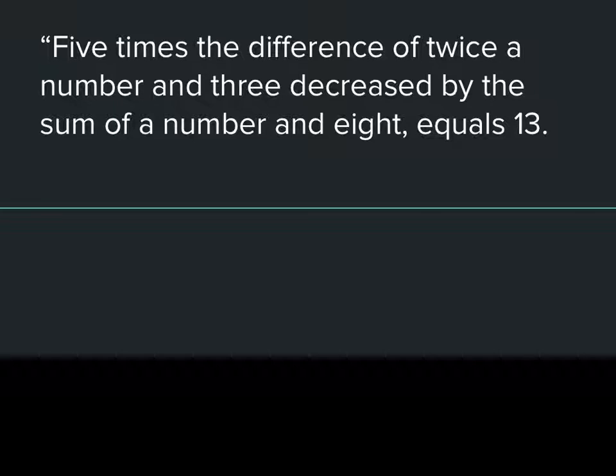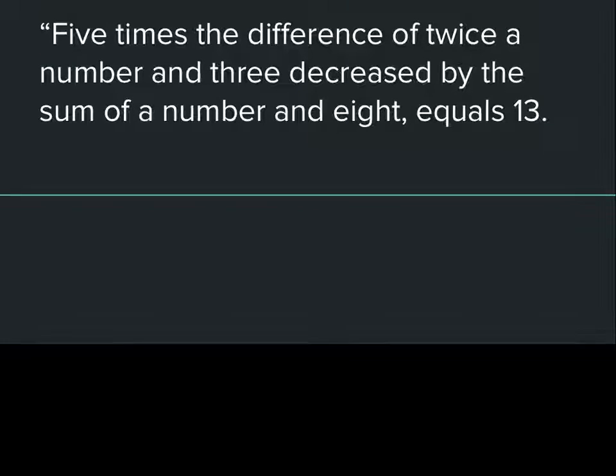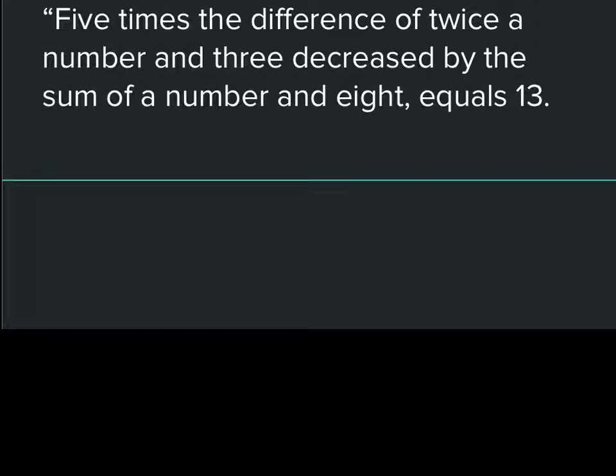Okay, so here we have a word problem. 5 times the difference of twice a number and 3 decreased by the sum of a number and 8 equals 13. Wow, that seems like a lot. So let's break this up. First we have 5 times the difference of twice a number and 3.